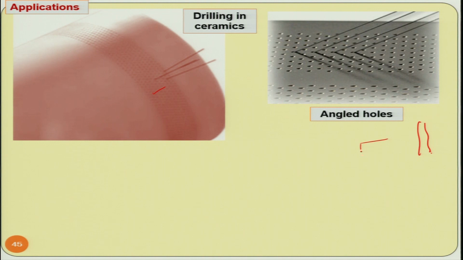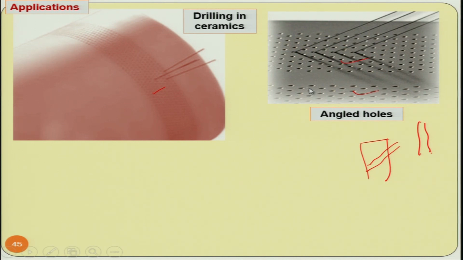Here is a workpiece and the holes have been drilled at a certain angle, and you can clearly see that over here as well as here. It is really very difficult to drill tapered holes or angled holes at different angles in metallic parts or even in non-metallic parts.